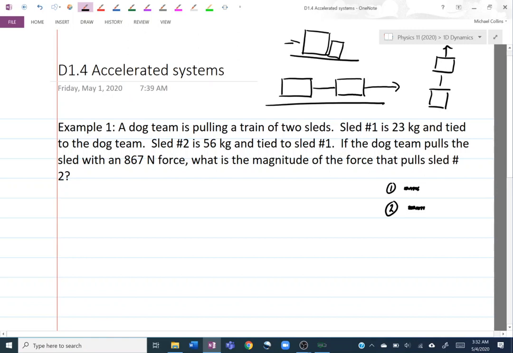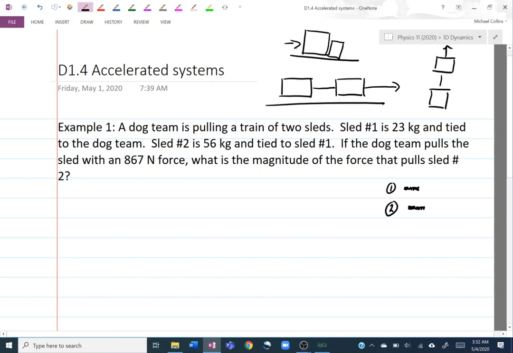If you pushed on, say, the bigger one on the left and pushed it to the right, it would run into the smaller one and they would move along as a system too. Those are the three main types of accelerated systems that we'll look at in this chapter. But accelerated systems just means more than one object, a system, that is being accelerated.